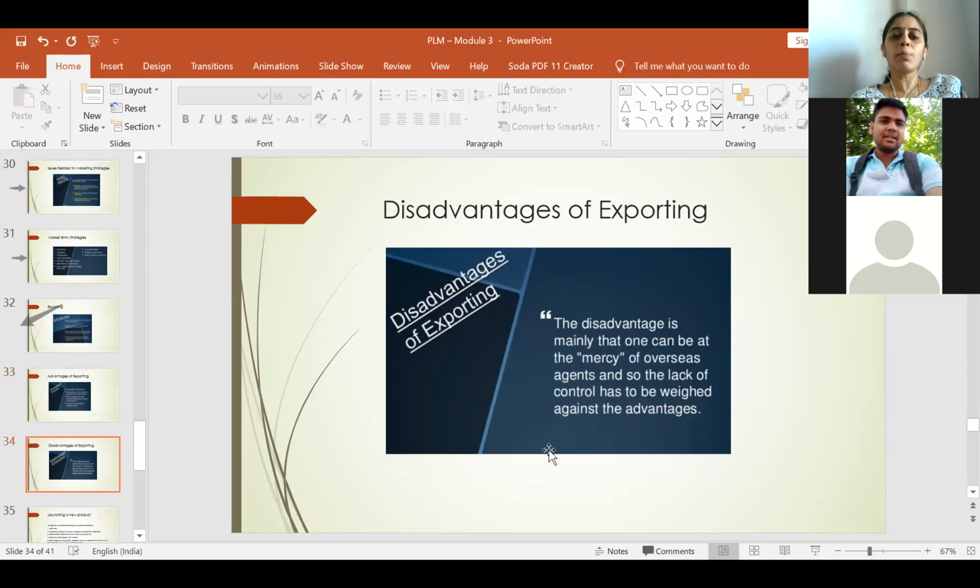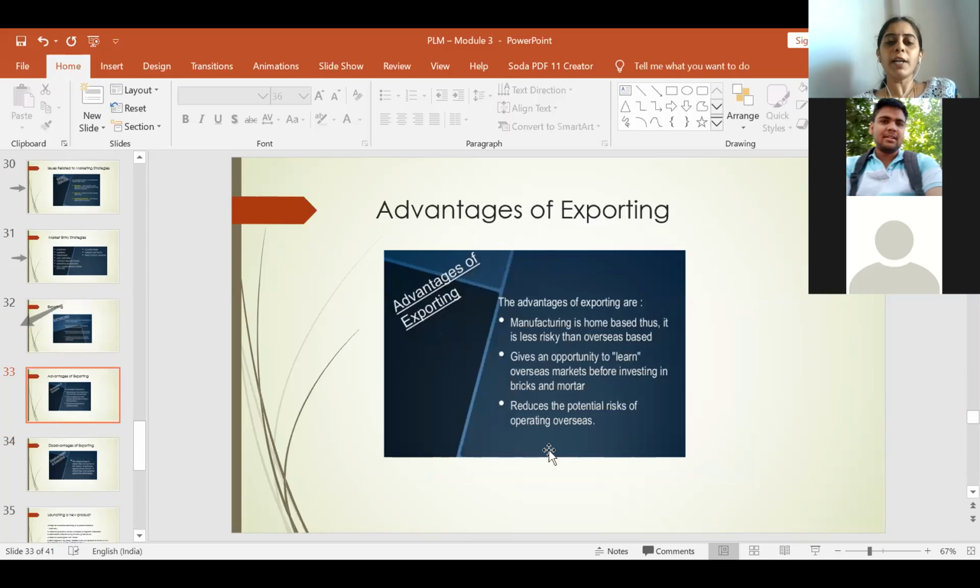And then you should know the advantages and disadvantages. The advantages of exporting basically lie in that manufacturing is home based, thus it is less risky than overseas based. One advantage of exporting is that manufacturing at home is less risky than overseas.